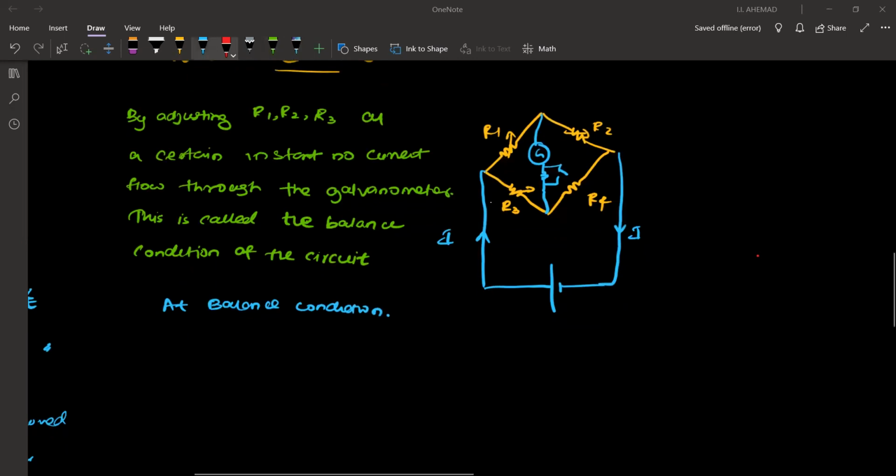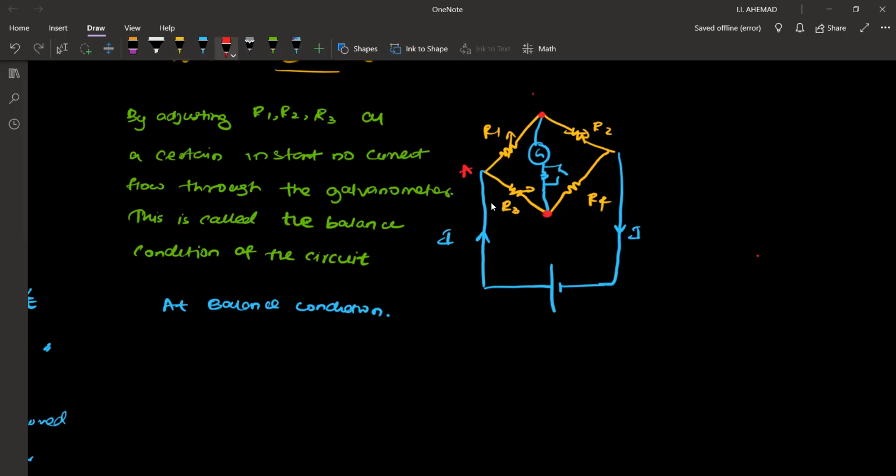Okay, so here in a Wheatstone bridge, when we adjust these resistors, there might be a situation where there is no current through this galvanometer. When there is no current through this galvanometer, the potentials at these 2 points have to be the same. Then only there won't be a current flow.